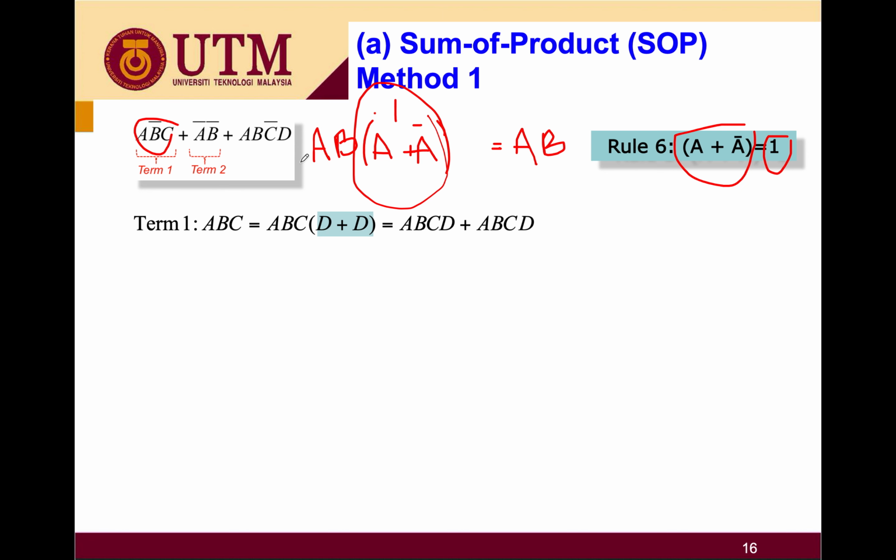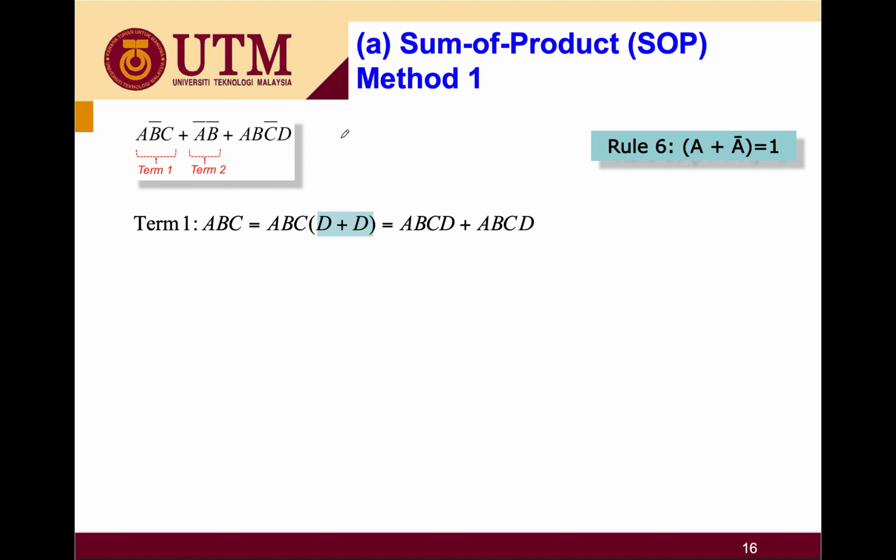So let's say you need A, B, C as the standard SOP, but in the first term over here you are missing the C. So you multiply by C plus C bar, because this represents 1. If anything over here is 1, you will still get AB, isn't it?